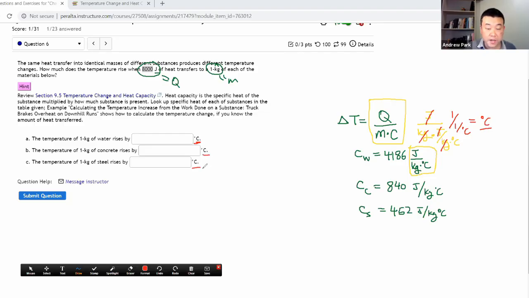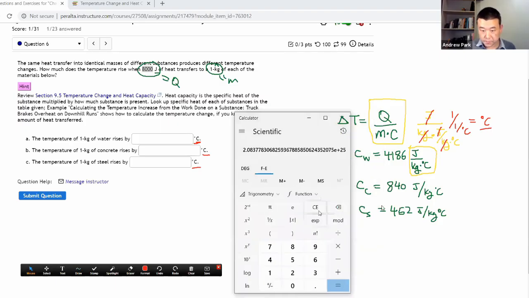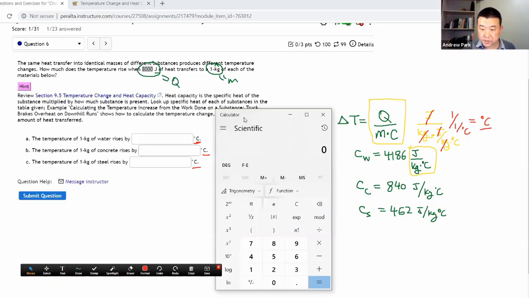So everything checks out. All I now have to do is just to plug in the numbers into the calculator. So let's see, clear everything. Yeah, let me just plug in the numbers.